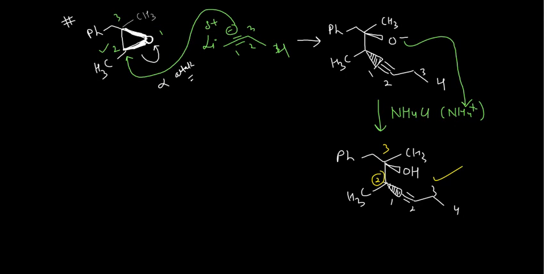Okay, now moving to the next method, what other reagent we can use for this one. For example, you are having this epoxide, say just like that, I can draw. Okay, say this is your epoxide, which is beta.